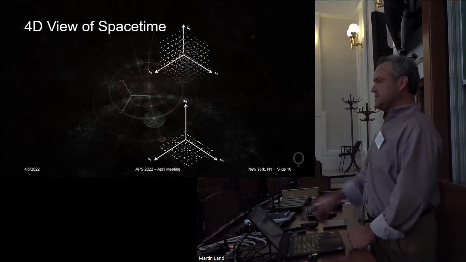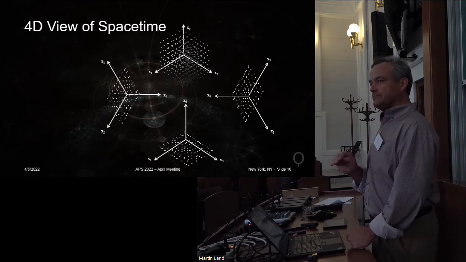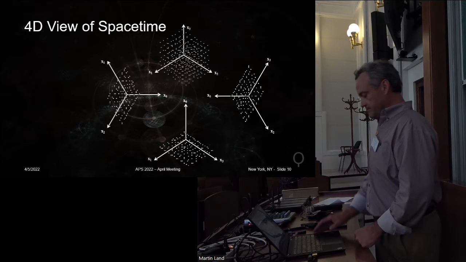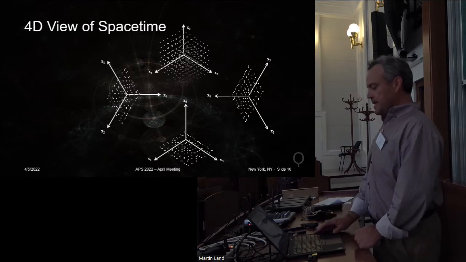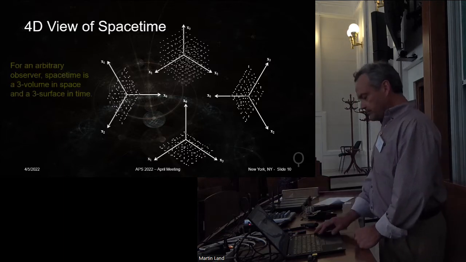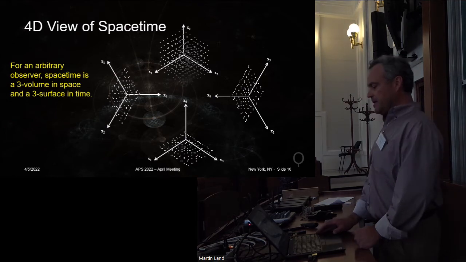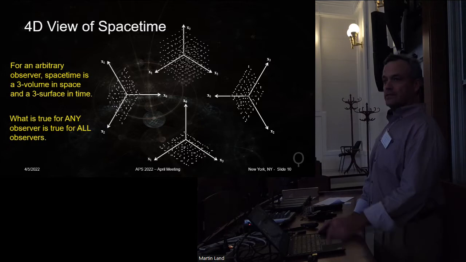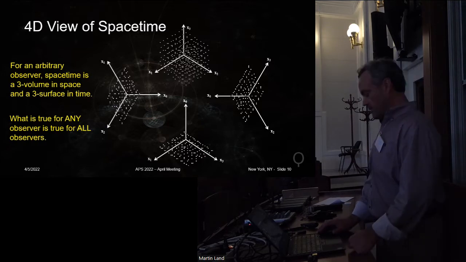So this is our 4-dimensional view of space-time. Things are dispersed in space, organized in time. So for any arbitrary observer, this is true, and what's true for any observer has to be true for all observers. So I attest that space-time has surface tension for all observers.